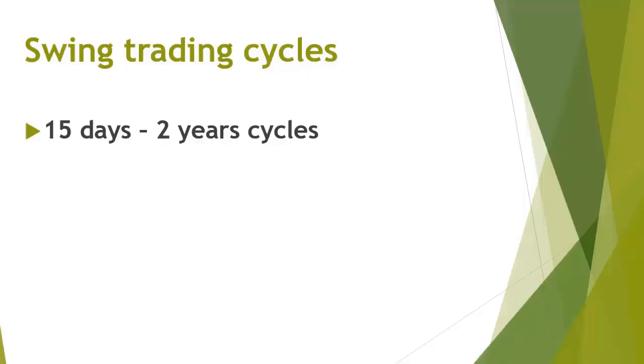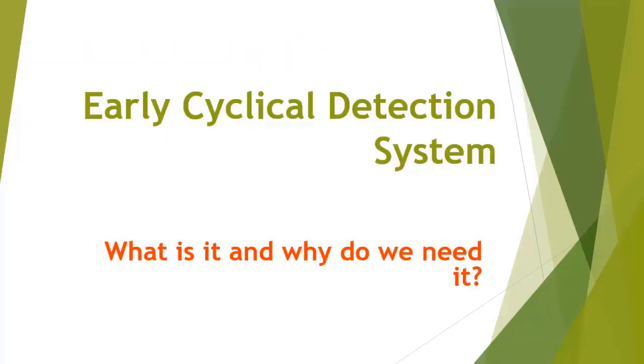Swing trading cycles. You see, we call swing trading cycles those with a period between 15 days and 2 years. So now I will give several definitions to understand what we will do. The first definition is regarding swing trading cycles. This is the early cyclical detection system.